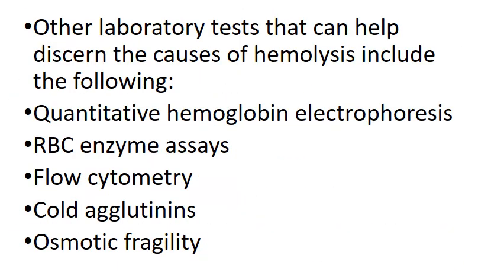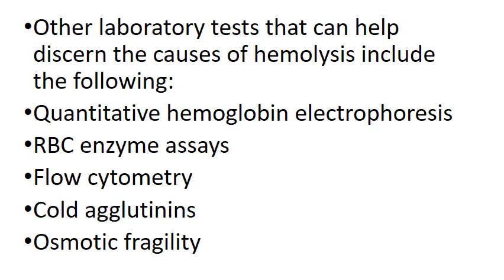The other laboratory tests that can help identify the cause of the hemolysis include quantitative hemoglobin electrophoresis, especially for sickle cell anemia, thalassemia and other hemoglobinopathies, RBC enzyme assay as in G6PD, flow cytometry, cold agglutinin, and osmotic fragility.